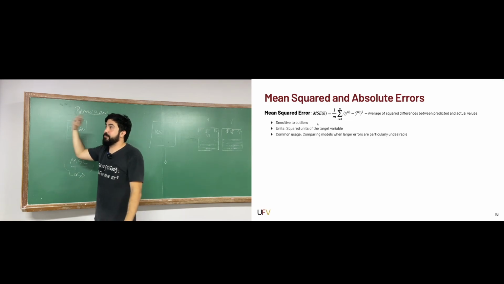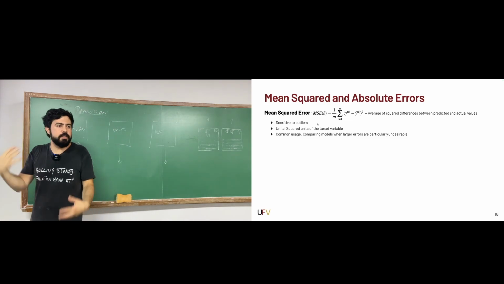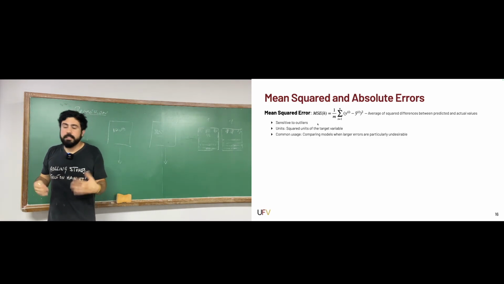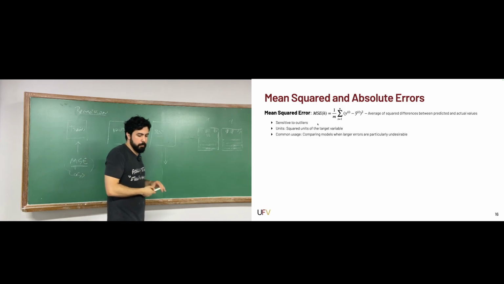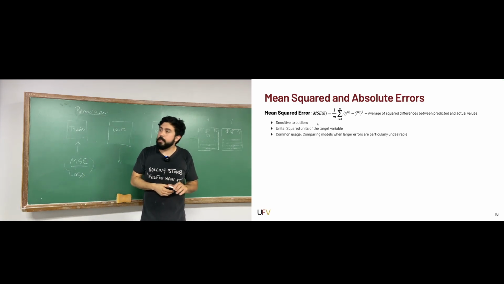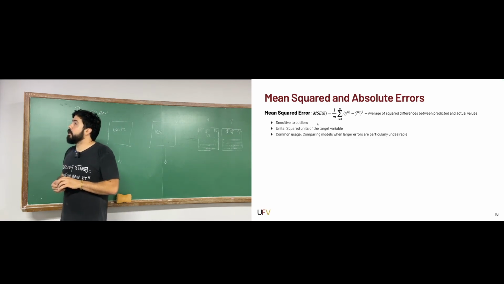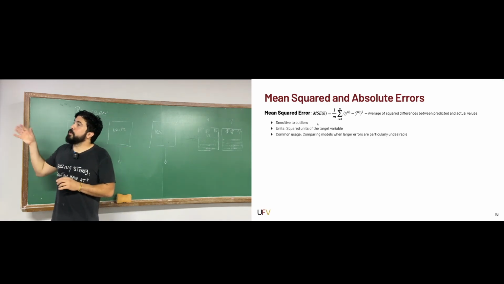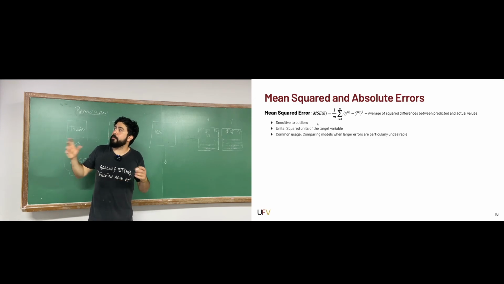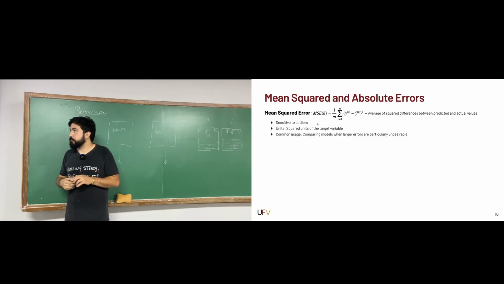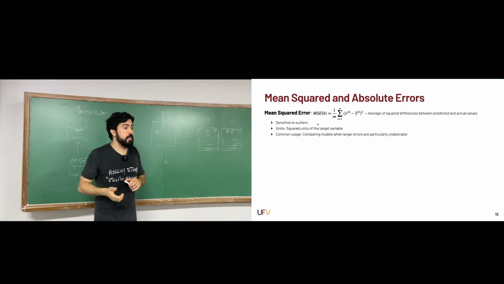So you're going to get these really large numbers that are hard to interpret. And this is a property of MSE as an evaluation metric. So normally we use that when we are comparing models when large errors are particularly undesirable.